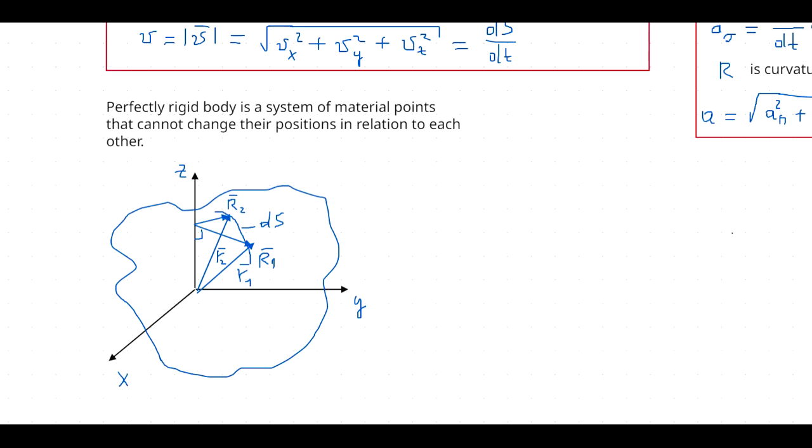So radius of rotation of some point of rigid body is absolute value of R1, and it is also equal to absolute value of R2. And ds, path length, can be defined as R multiplied by d phi.